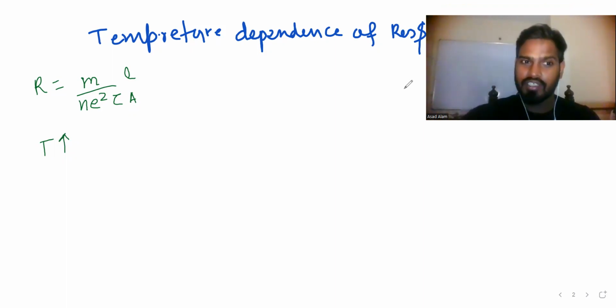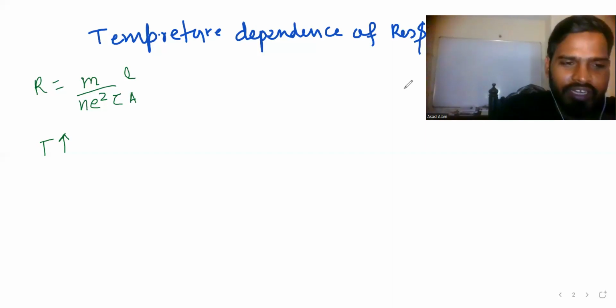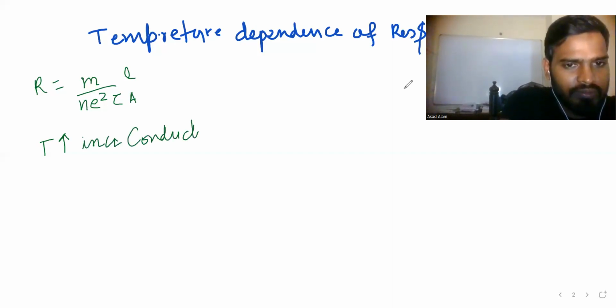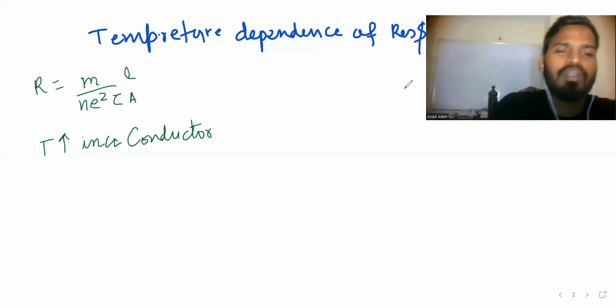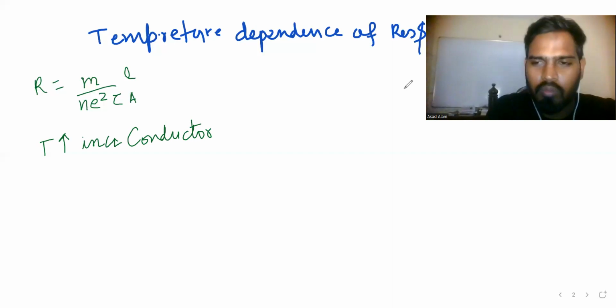If you give more temperature, then of course n number of collisions will be there. So we can say if you increase temperature in a conductor, what is going to happen? More vibrations of electron, more collisions, right?